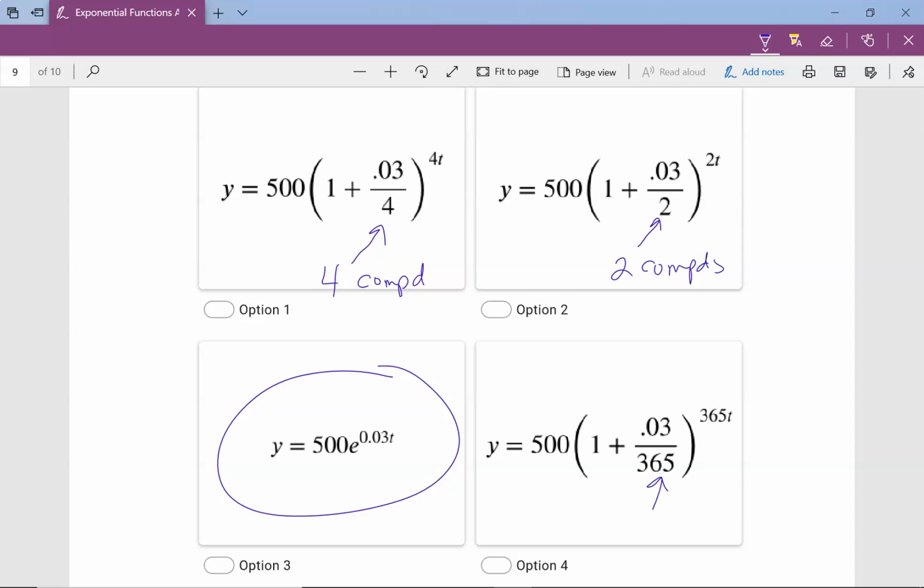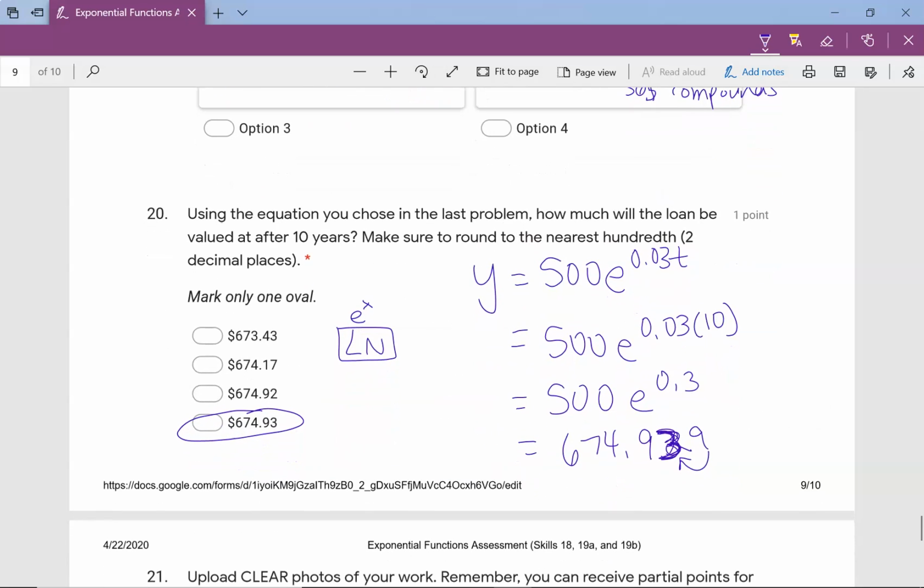And this one is doing it daily, so 365 compounds, which means they're doing it every day. But e means they're constantly compounding. It's compounding and compounding and compounding. By the time I finish this sentence, it will have compounded a few times.